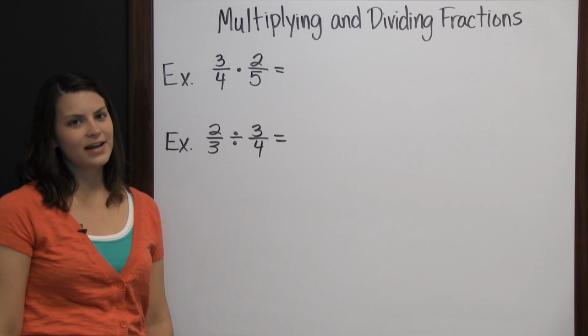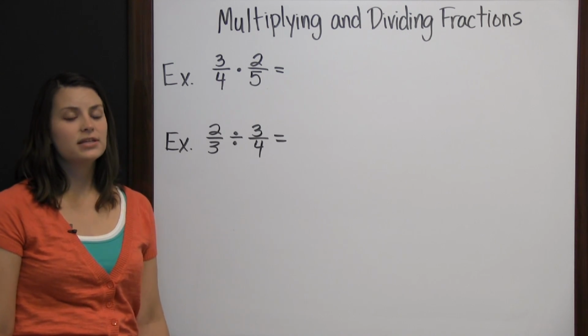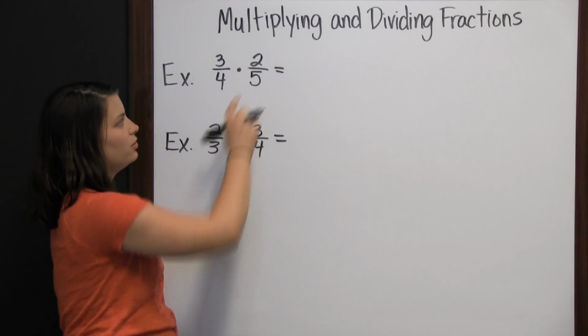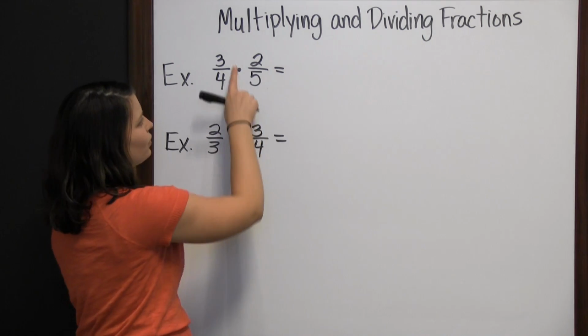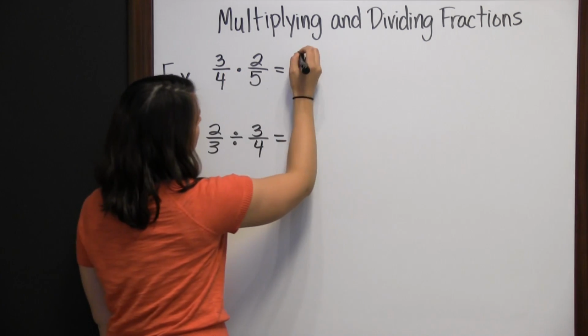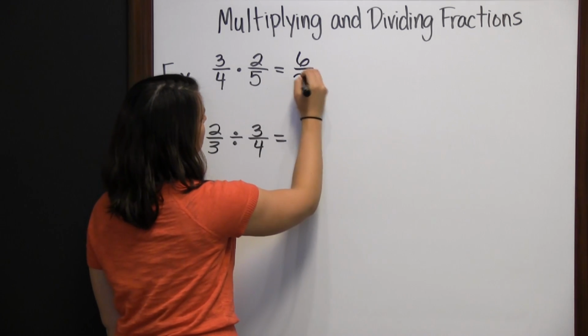Multiplying and dividing fractions. To multiply two fractions, simply multiply the numerators and multiply the denominators. 3 times 2 is 6, and 4 times 5 is 20.